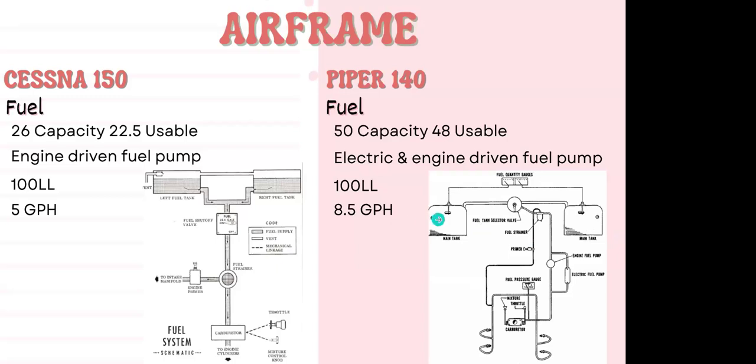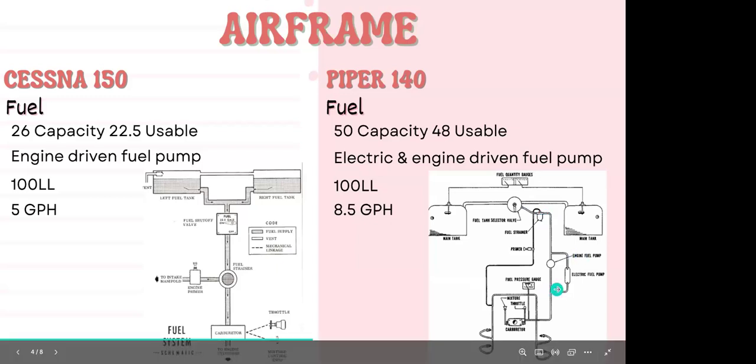But if we look at the diagram for the Cherokee, it's essentially the same ordeal. We have our two main tanks, left and right. We have our fuel tank selector valve, where the only difference is that we've got left, right, and off. And we set a timer for every 30 minutes to change the tanks because we want to make sure we're flying balanced. Our fuel strainer here, again in that engine bay, and then it goes right into the carburetor, which is controlled by that mixture and throttle.